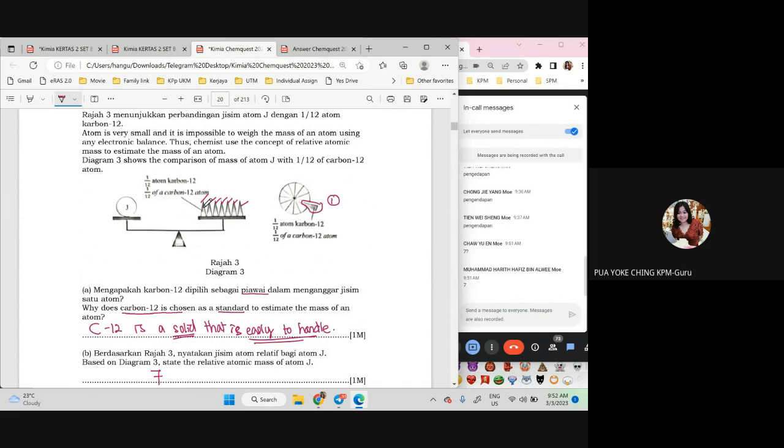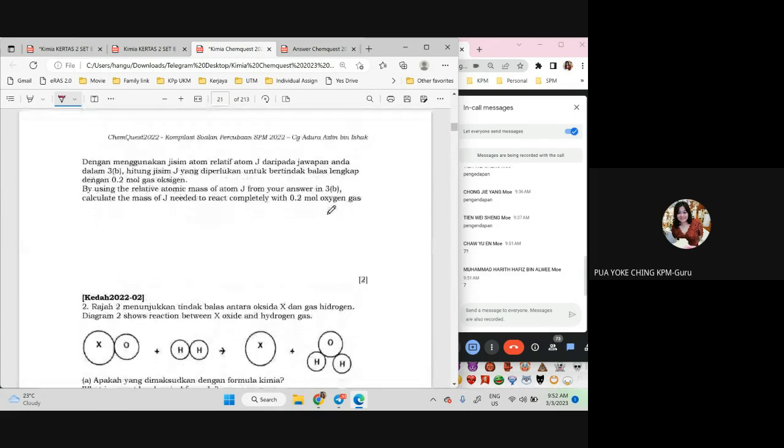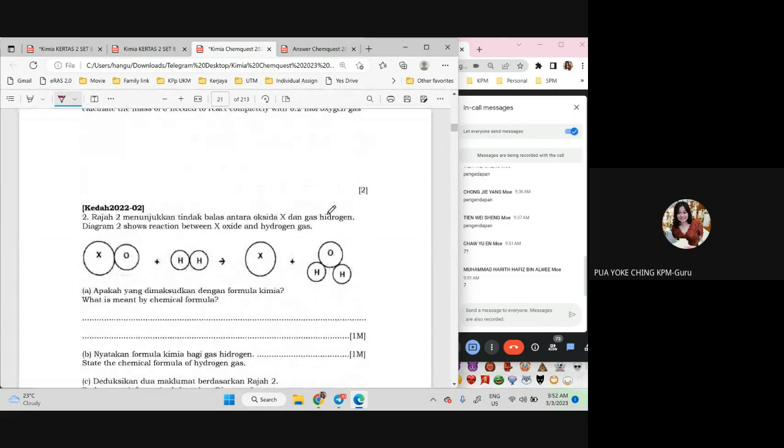Dia boleh bagi macam ni, satu, satu, satu, satu, ataupun dia bagi portion. Maksudnya dia bagi semua the one bulat and then elaboratekan the part. Pun boleh. So depends on the questions lah. So you tengok berapa. So the rest saya tak bincang sebab lebih kurang sama je.